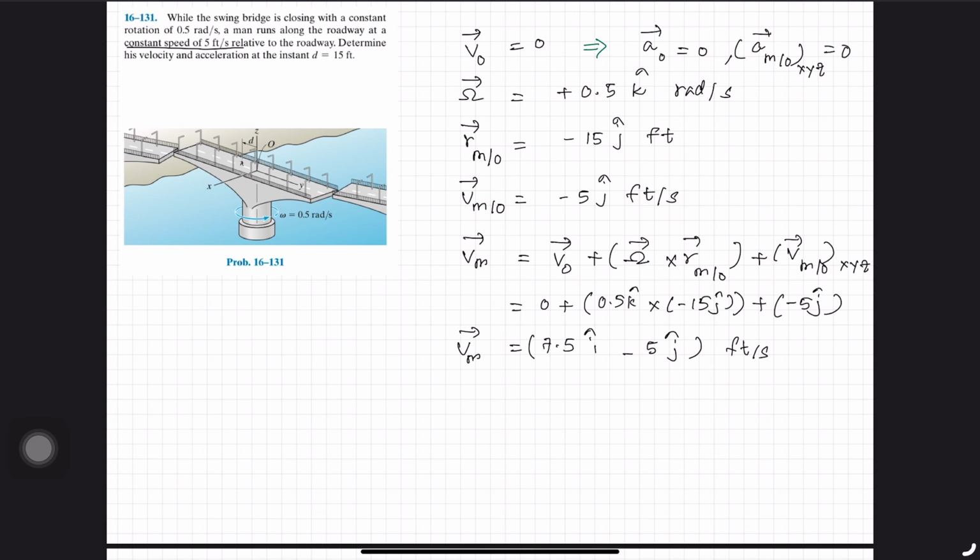And we can also say that the angular acceleration is 0 as well. So we can write down the equation now.